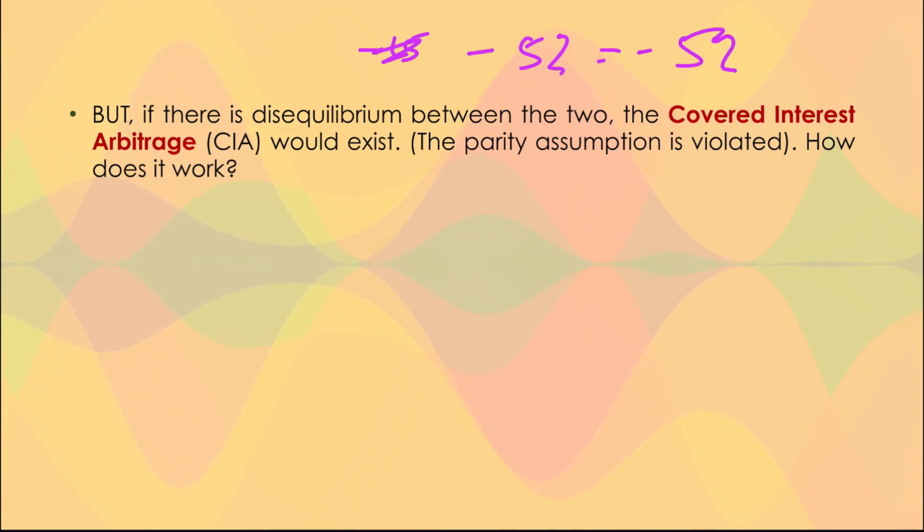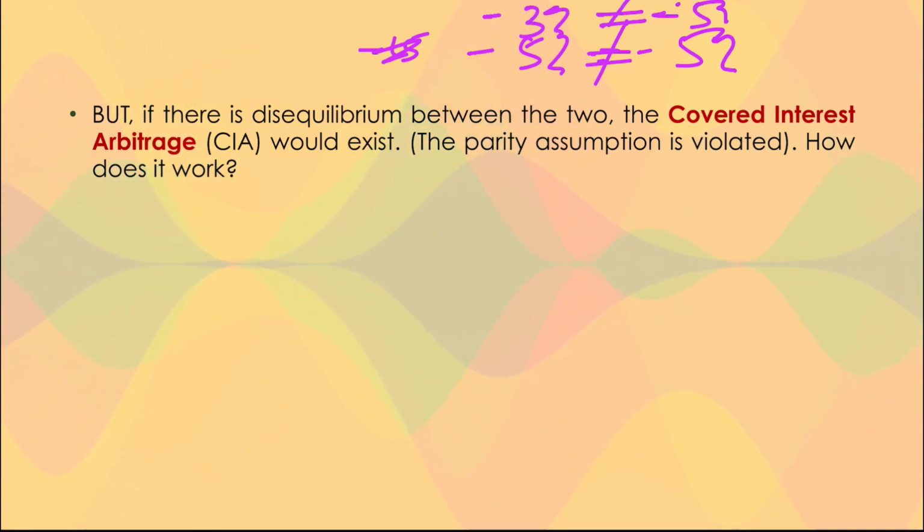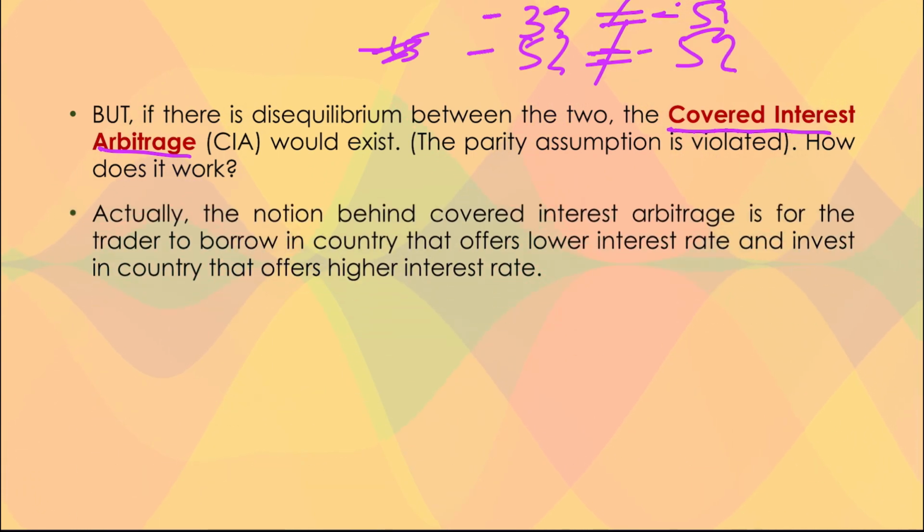But if there is a disequilibrium, for example negative 3% and negative 5%, then covered interest arbitrage, CIA, would exist. A covered interest arbitrage would exist if the parity assumption is violated. How does it work? Let's look.